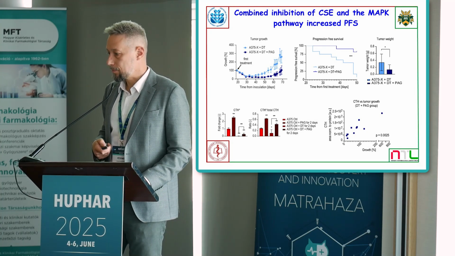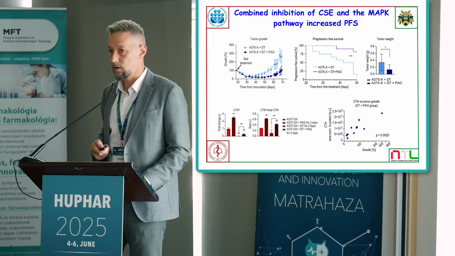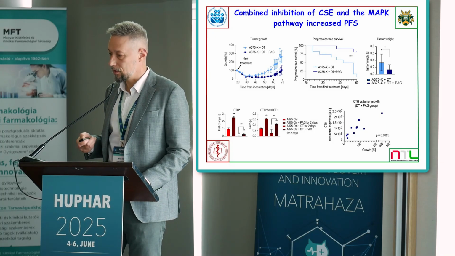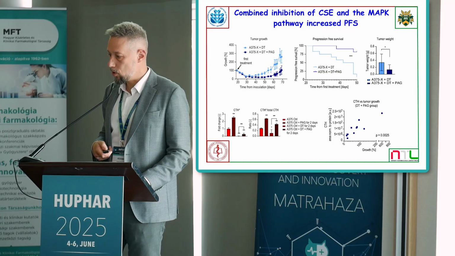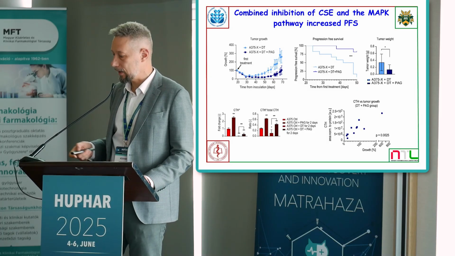So if you use a CSE inhibitor together with these drugs, then drug resistance can be inhibited to a large extent. We think that in human models this could be even more efficient because of the immune system, which also has a major role, but I don't have the time to go into that.